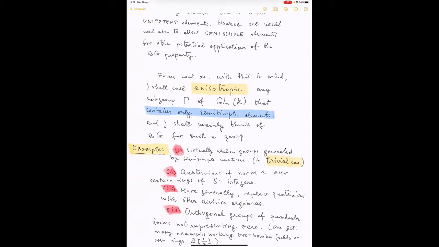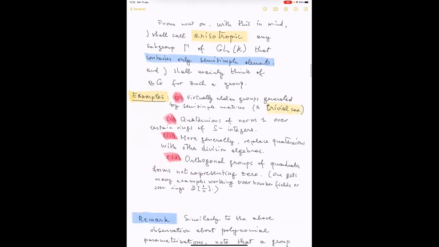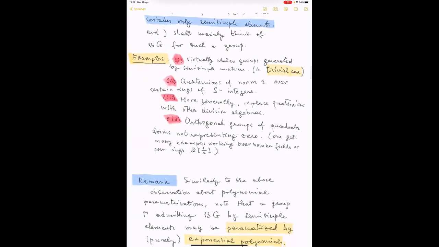The usual definition is different, but it may be proved, although non-trivially, that for the groups in question it is equivalent to the one I am giving. So for simplicity, I shall call anisotropic any subgroup of GL_N(K) containing only semi-simple elements, and I shall speak of bounded generation only for these groups.